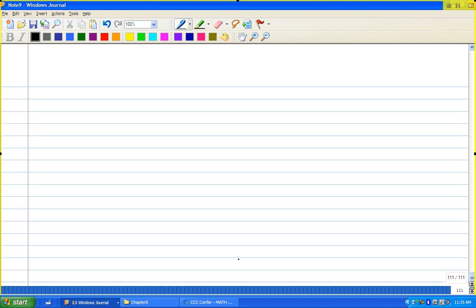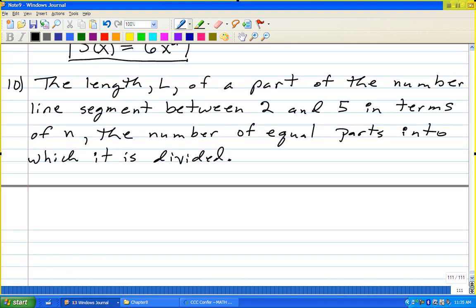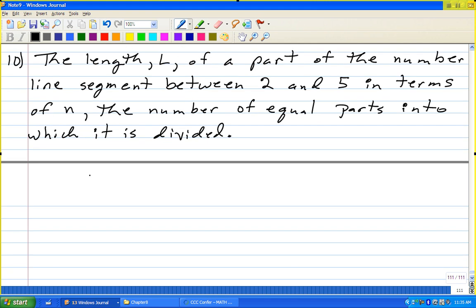Okay, so if I look here, I have the number line from 2 to 5. And so this distance here between 2 and 5 is 3.